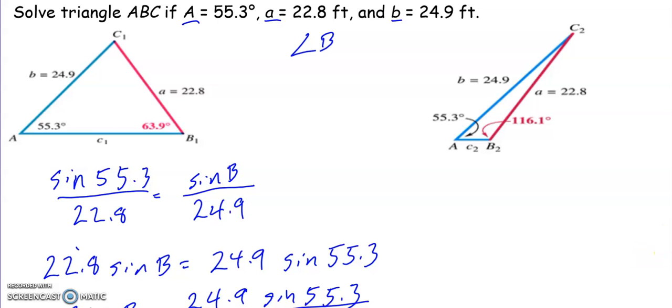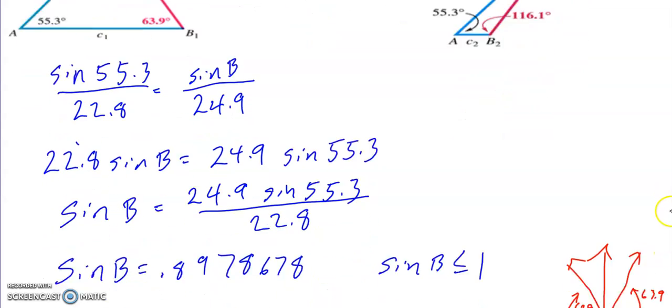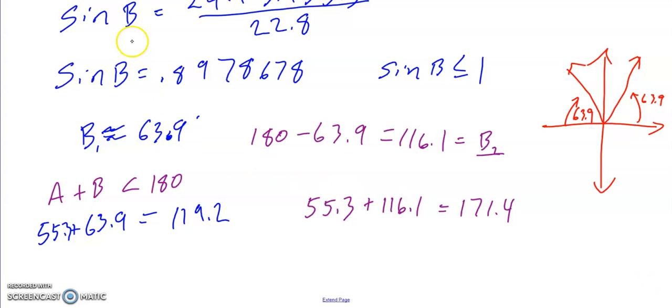Alrighty. So the key on this is, if you are using sine to find an angle, after you find that the angle exists, and I know it exists because the value will be less than or equal to 1, see if there is a second angle value that works.